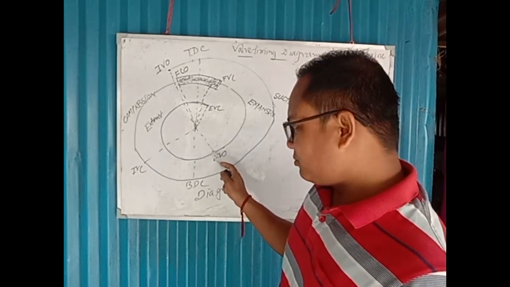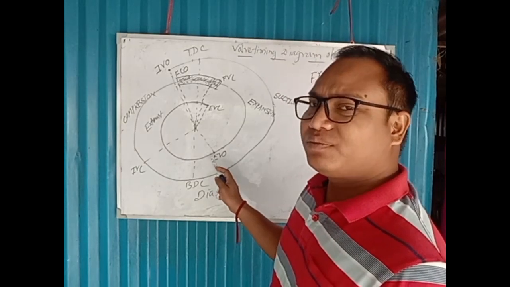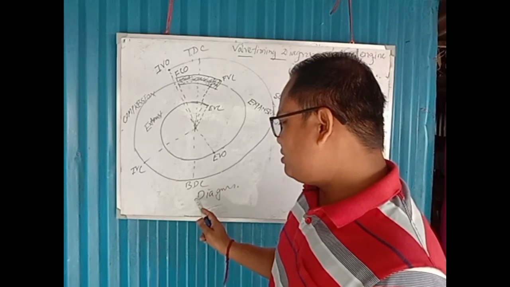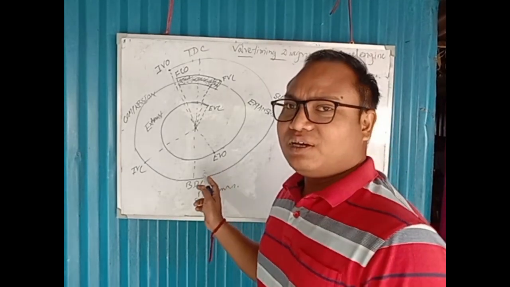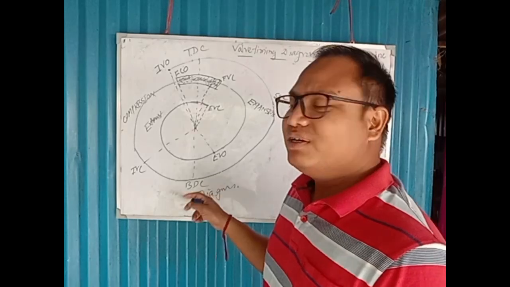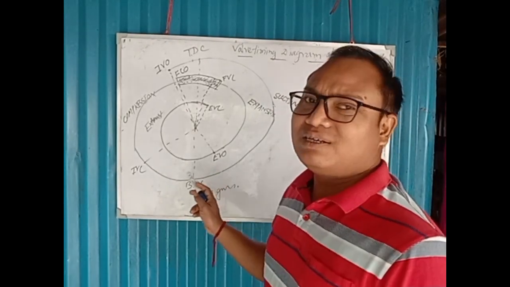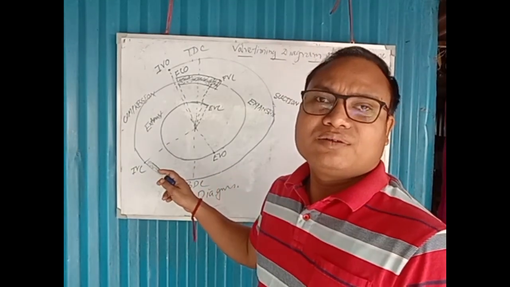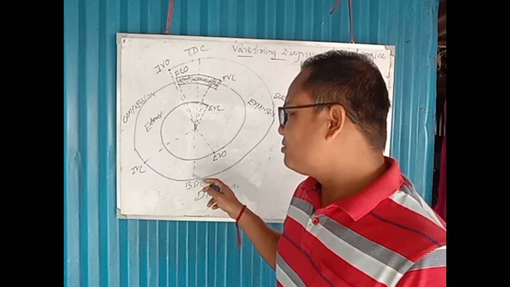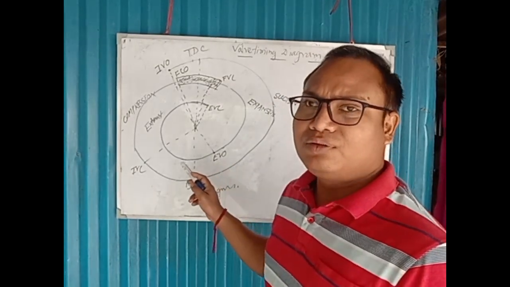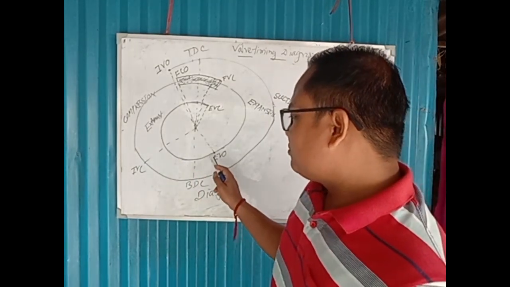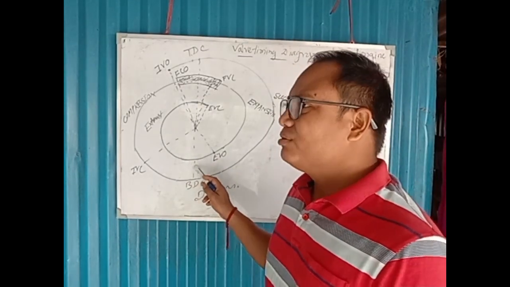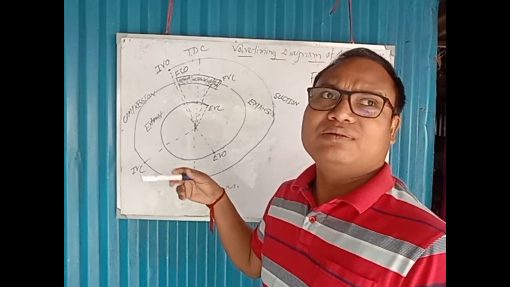At this point, which is 20 to 30 degrees before BDC, the exhaust valve is open. That's why the exhaust gas comes out from the cylinder and goes out into the atmosphere.